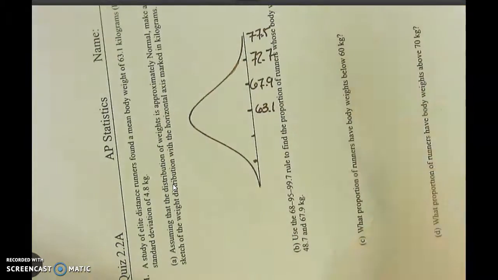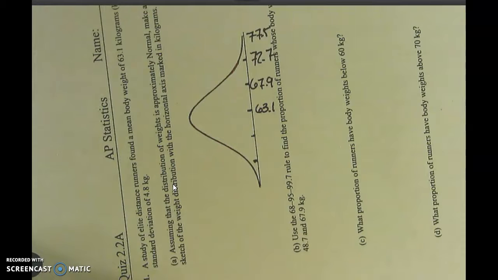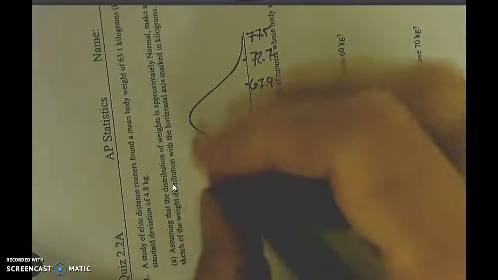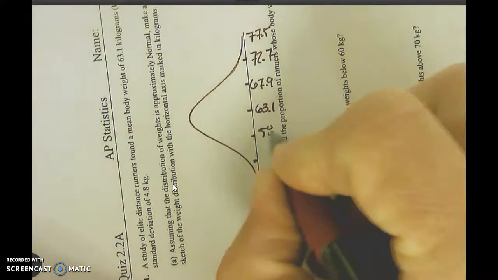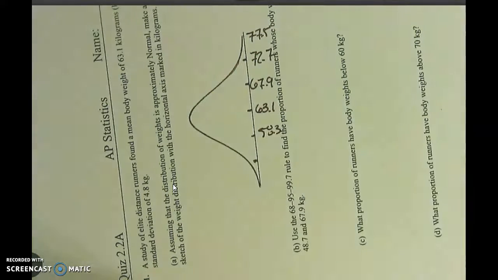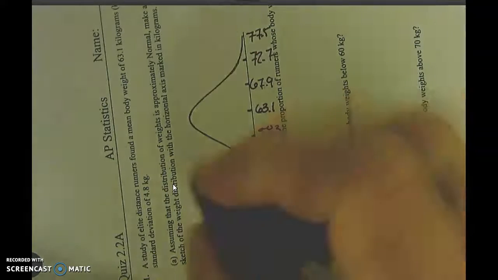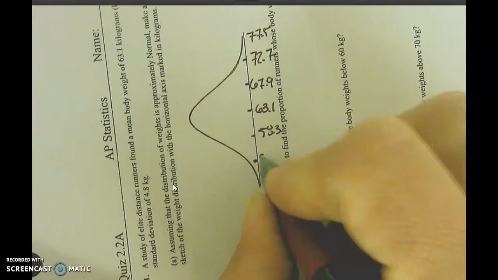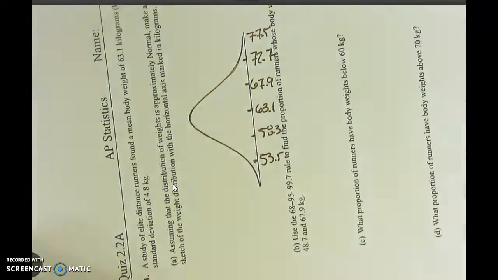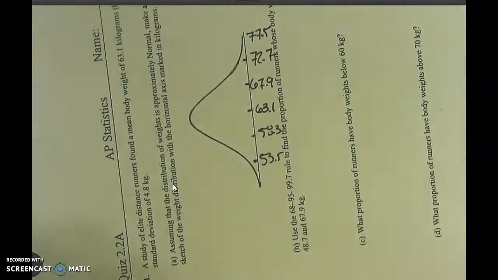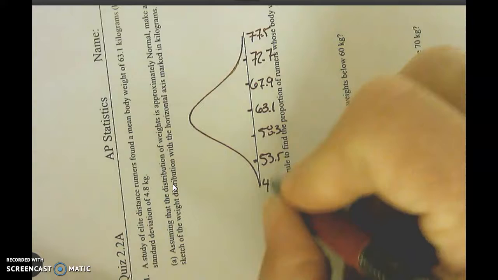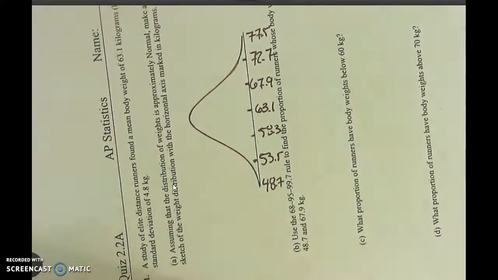And then to come down, take 63.1 and I subtract the 4.8. So it looks something like that, okay?